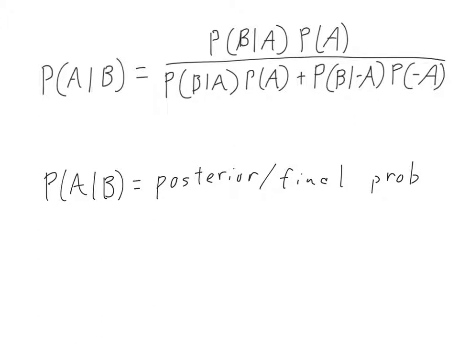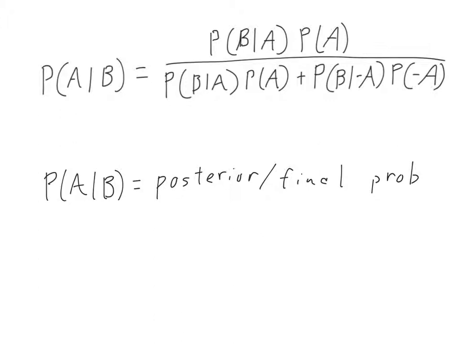I've gone out, I've gathered this information. How does it affect how likely my belief is now? And so the reason it's called the posterior or final probability is that's the number you pop out with after you have considered evidence B.